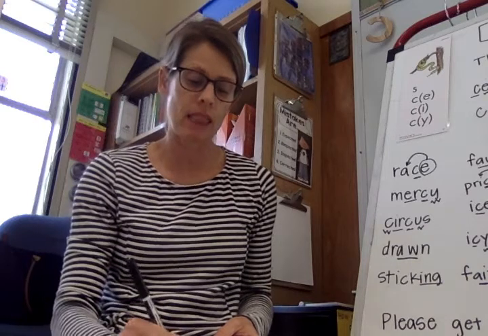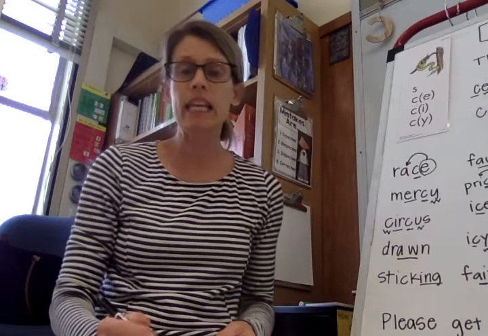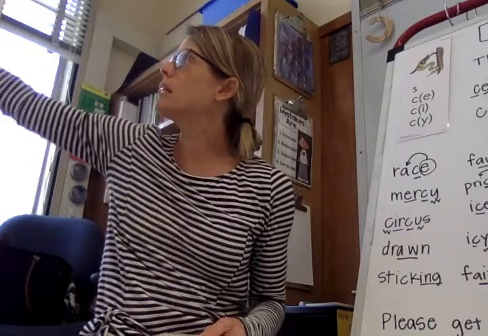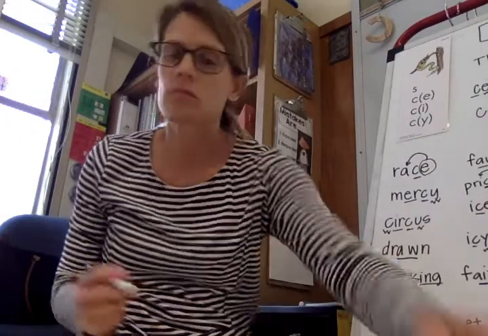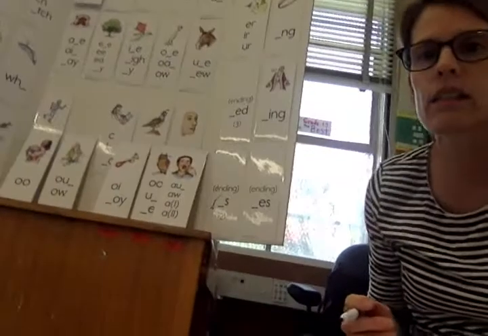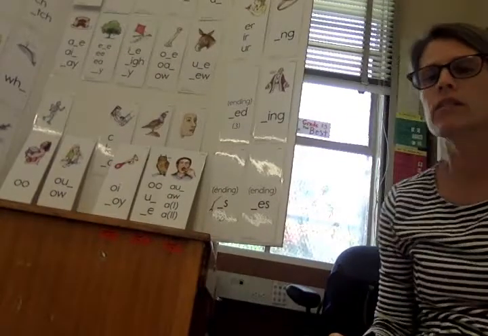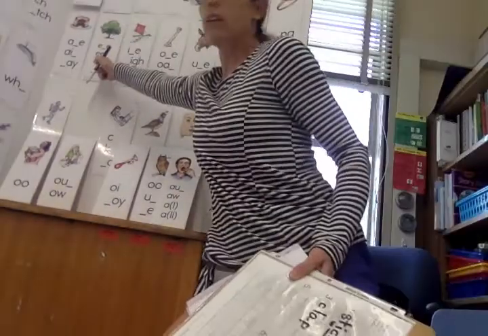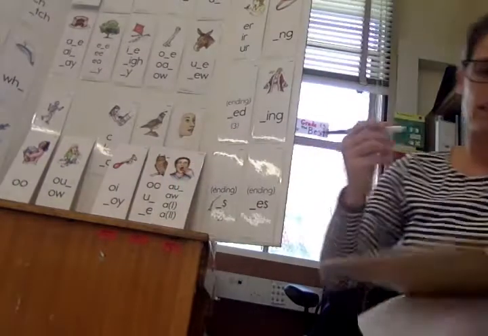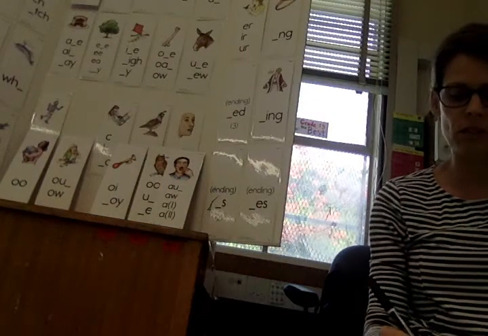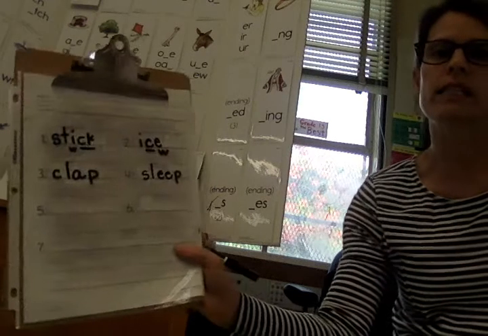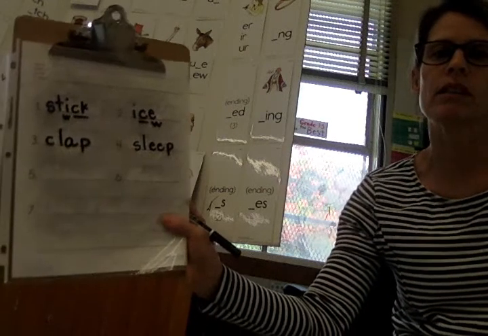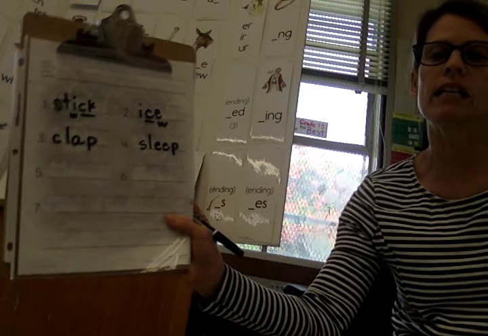S, L, E, 2 E's. Our 2 E sounds are on our E card. Let's see, it's the second spelling right here on our E. So it's sl, E, 2 E's. Sleep.